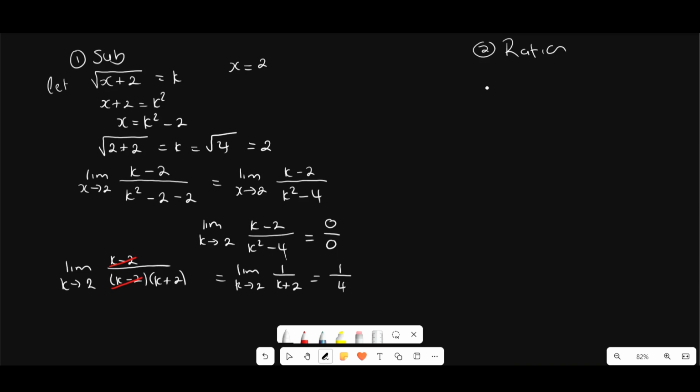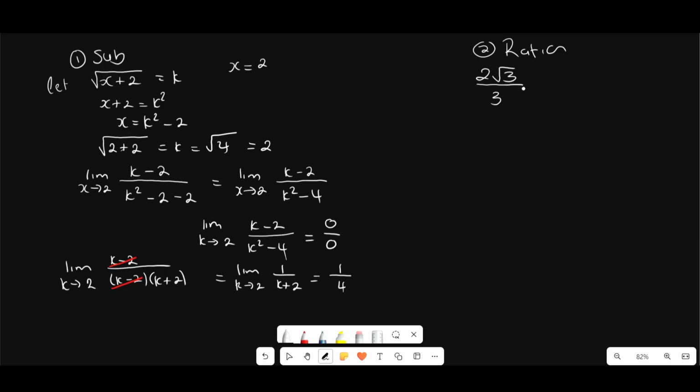Now the rationalizing method, I hope you guys know how to rationalize, right? So let's look at an example. Let's say I have 2 divided by the square root of 3, and I say rationalize this number. By rationalizing, I mean that I want you to remove the square root here at the bottom.